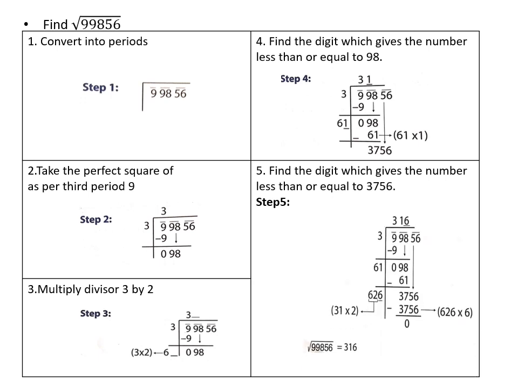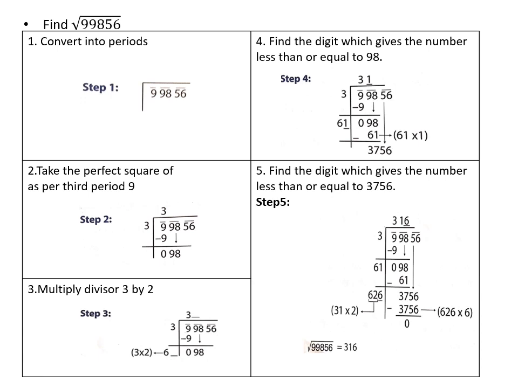Again here we have to first multiply 61 by 2, which gives 122, and then the divisor becomes 62 with a dash.